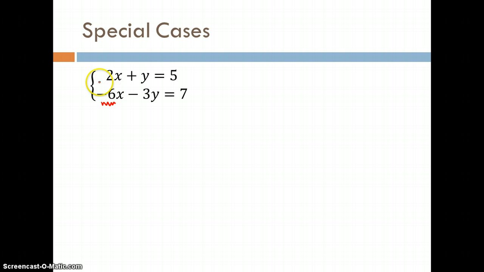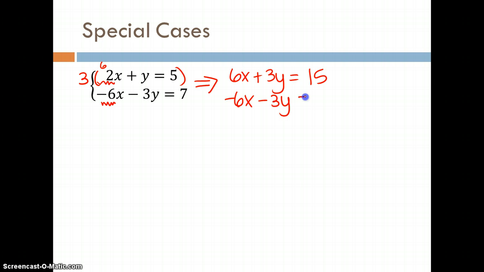This says negative 6x, and I really wish that this top number said 6. So what am I going to have to do to get that to say 6x? I'm going to have to multiply the entire top equation by 3. So 6x plus 3y equals 15. On the bottom, I keep the equation the same: negative 6x minus 3y equals 7.